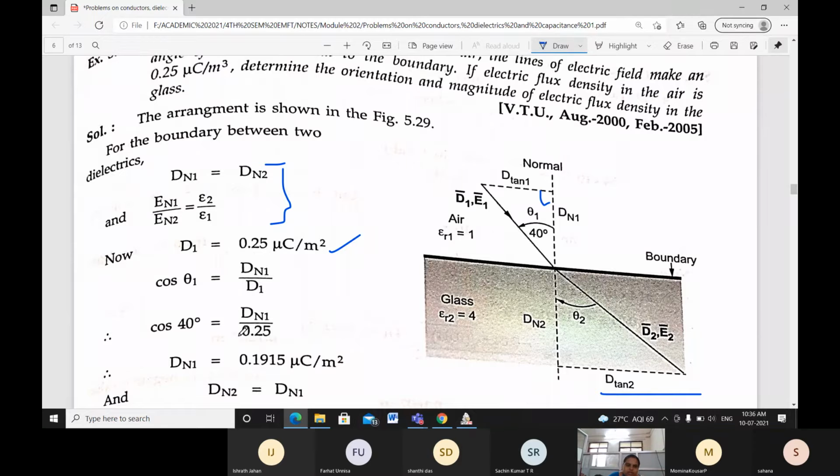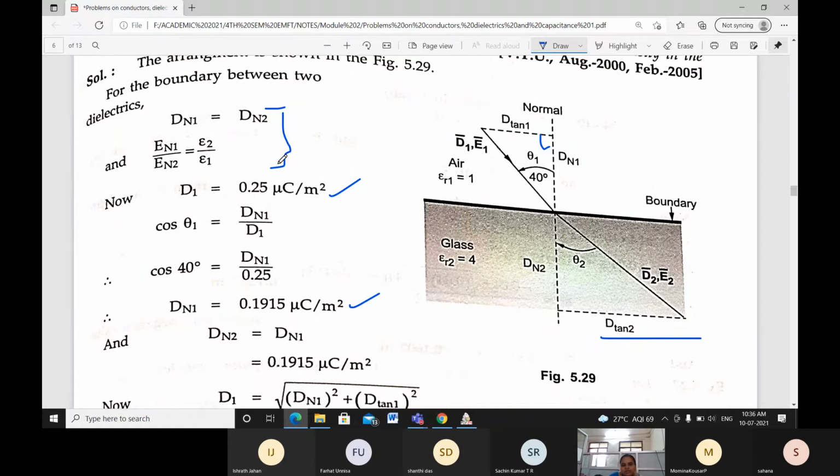Therefore, dN1 is cos 40 into 0.25, which we get as 0.1915 microcoulombs per meter cube. Then dN1 is equal to dN2, which means dN2 is also the same value, 0.1915 microcoulombs per meter square.